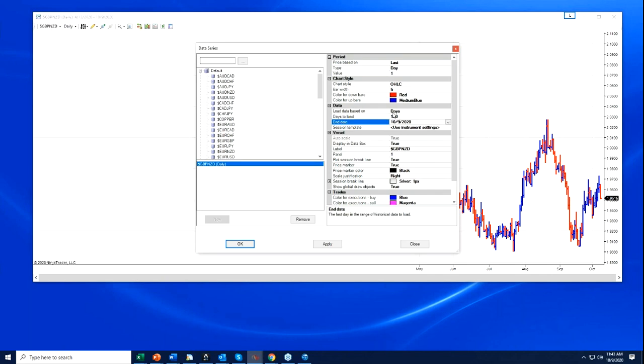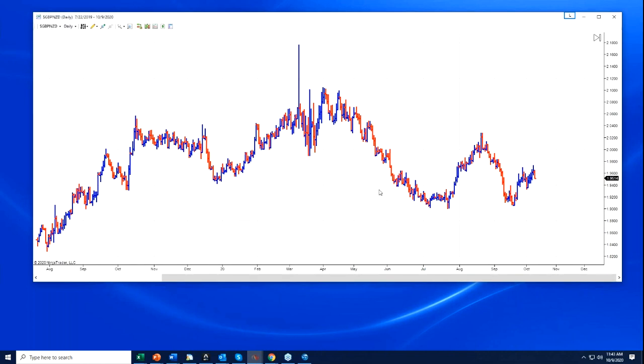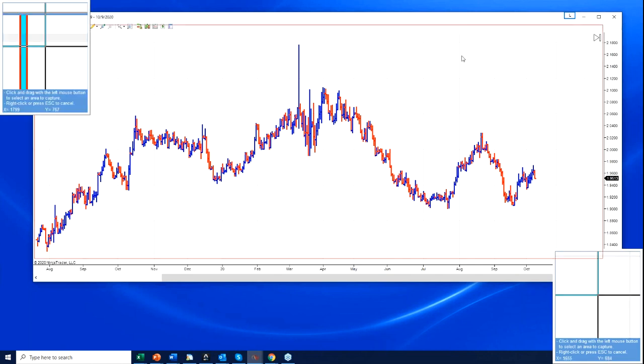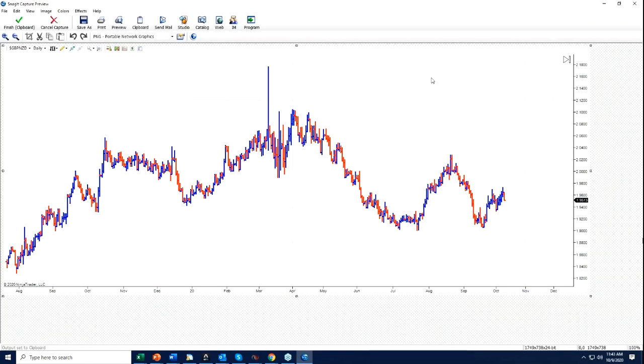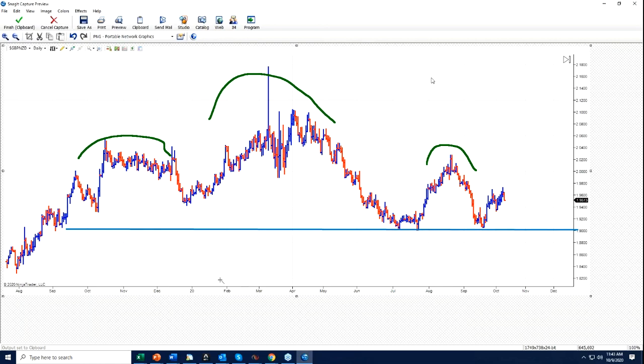Let me just add some time here. So you can see that, again, this looks like the bigger picture. This looks like a very foreboding head and shoulders, which it may turn out to be. And this is why, to my mind, I look at these longer term timeframes just to see what's going on.